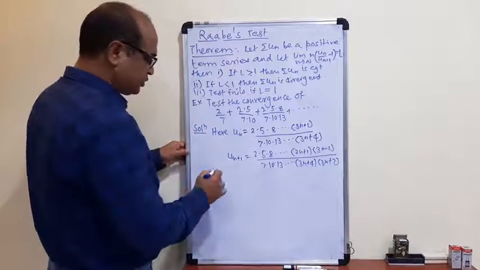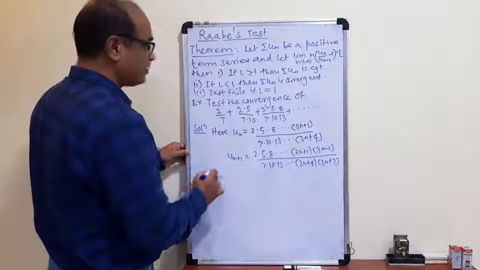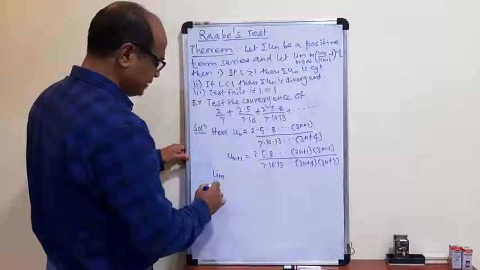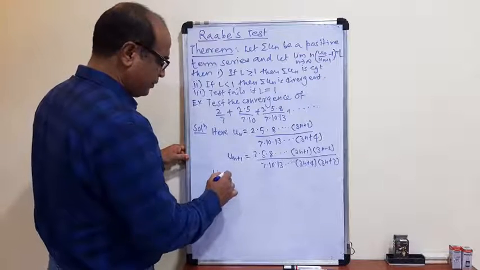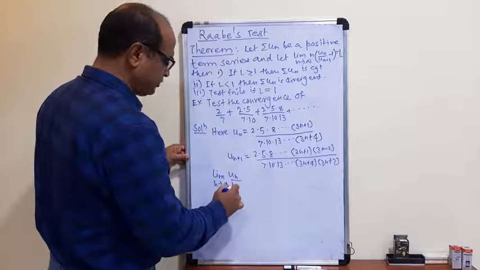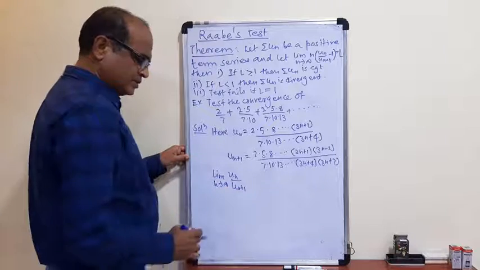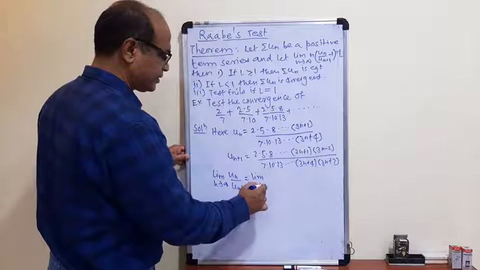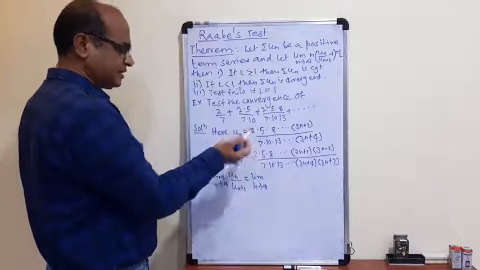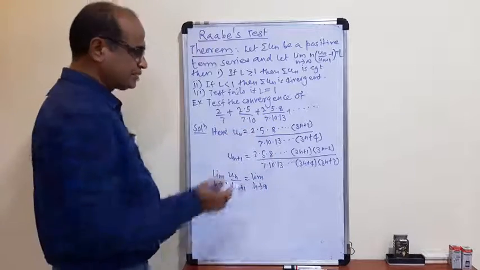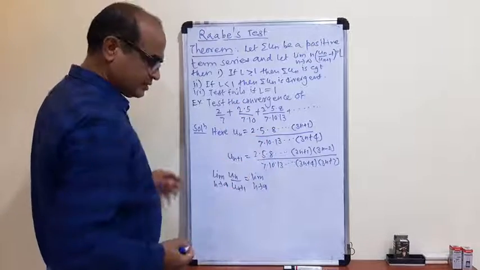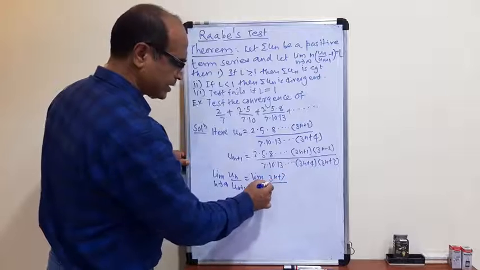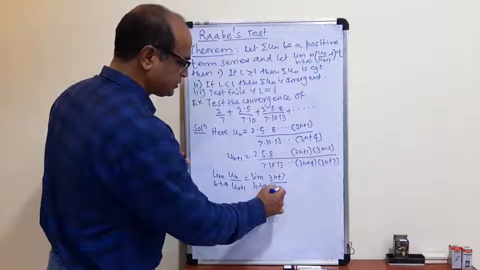So what is the limit? First we find un upon un plus 1. So this is the limit as n tends to infinity. This divided by this, so we get 3n plus 7 divided by 3n plus 2.